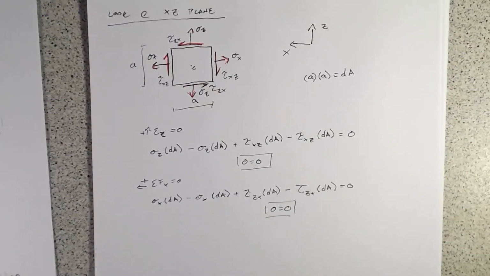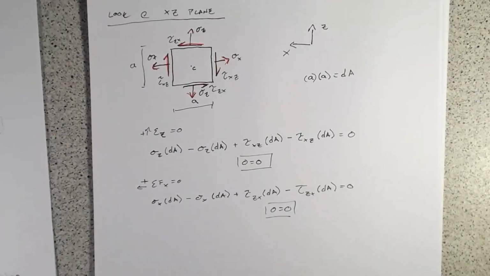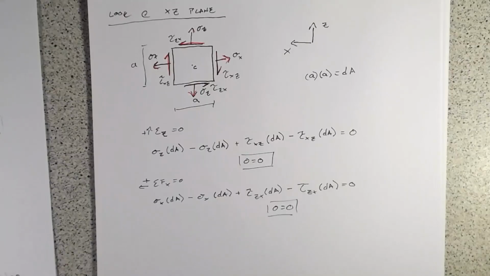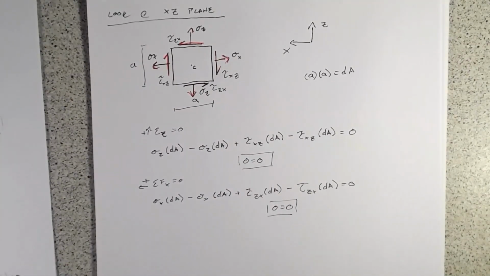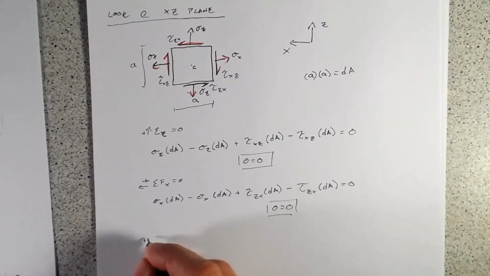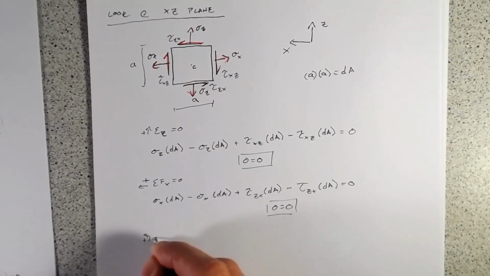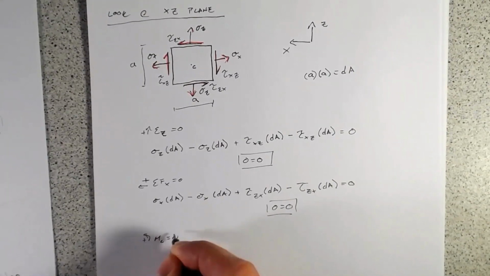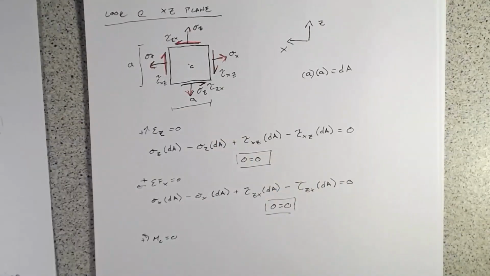forces. So, all right, well, it's a 2D element, so we've got a third equation, and we can sum our moments, and perhaps that will tell us something a little bit more insightful than just 0 equals 0. So, let's sum our moments about C, so about this center point here.